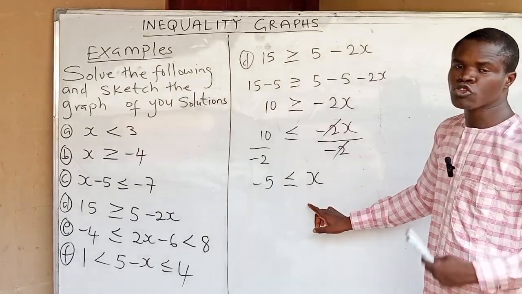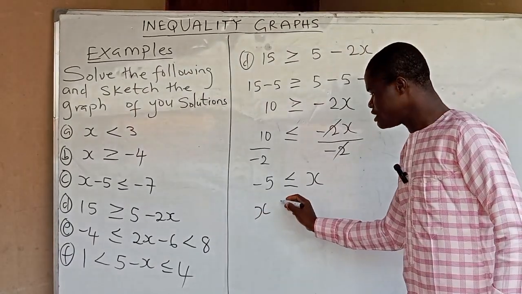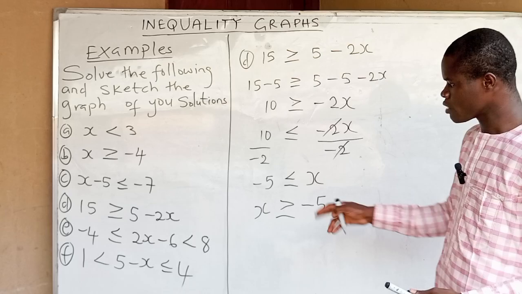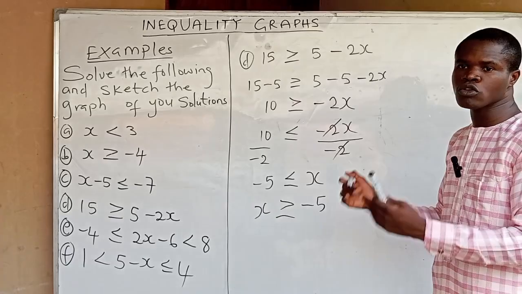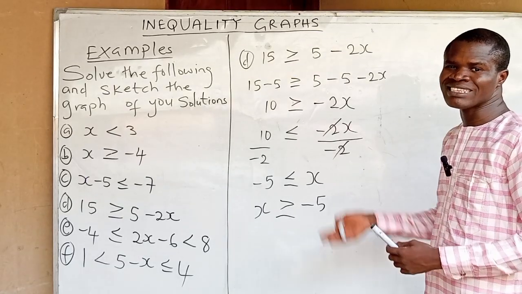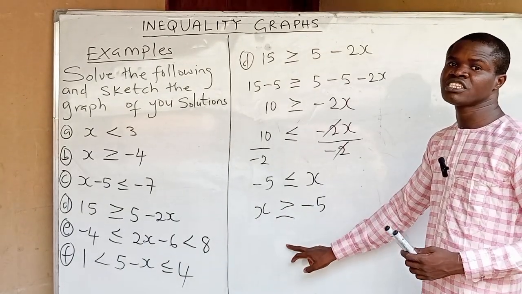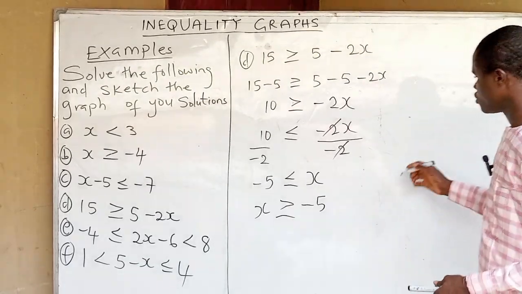So, in order not to make a mistake, you can write this as x is greater than or equal to minus 5. Because here I say that minus 5 is smaller or equal to x. It simply means that x is bigger or equal to minus 5. So I have rewritten it in this form. I can now easily sketch the inequality graph.